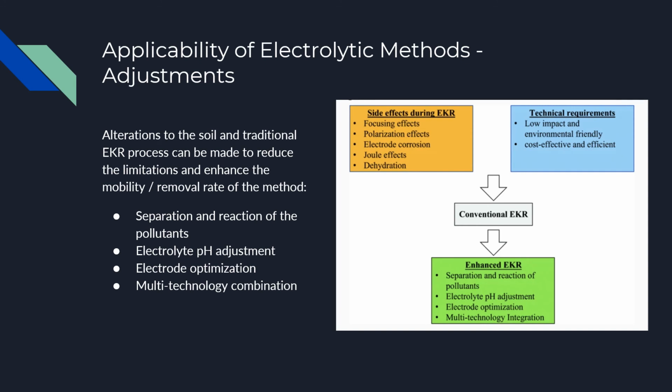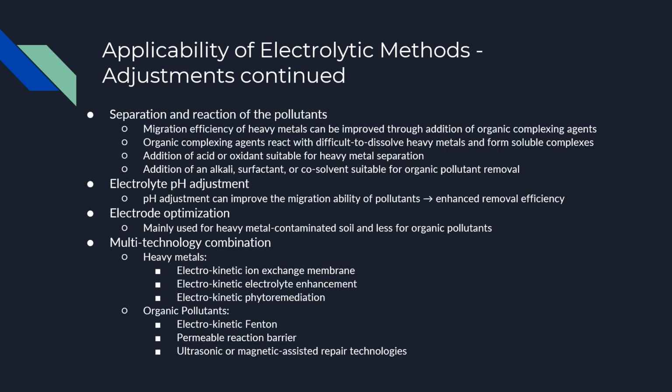Recent research, however, has shown that alterations to the soil and the traditional electrokinetic remediation process can be made to reduce the limitations and even enhance the mobility and removal rate of the method. This enhanced electrokinetic remediation process includes the separation and reaction of the pollutants, electrolyte pH adjustment, electrode optimization, and finally, multi-technology combinations.